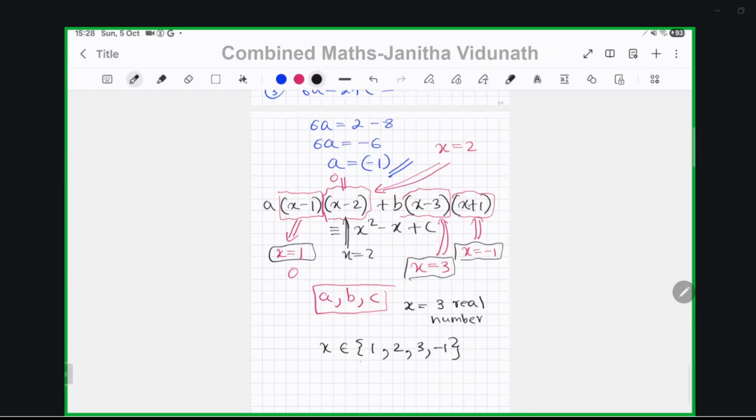That means we can choose any 3 real numbers and get the answers for this question. That is a second method to solve this kind of equations. Okay. Now I will give 2 minutes to write down this.